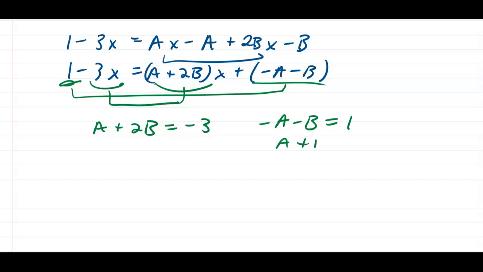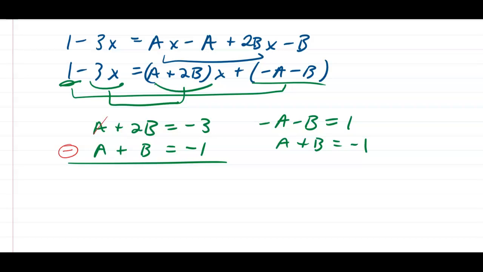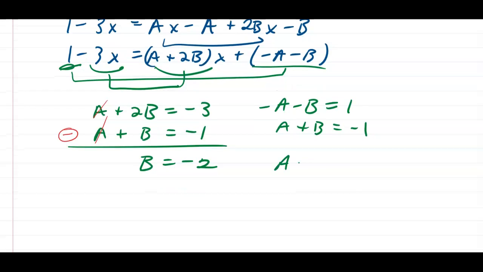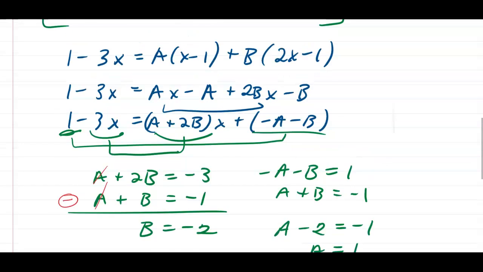Rewrite this as a plus b equals negative 1, and let's solve this system. We'll use elimination here, and I'm going to subtract the bottom equation from the top: a minus a, 2b minus b, that leaves us with 1b, and negative 3 minus a negative 1 is negative 2, so we know that b is negative 2. So a minus 2 must equal negative 1, and when we add 2 to each side we see that a is 1.